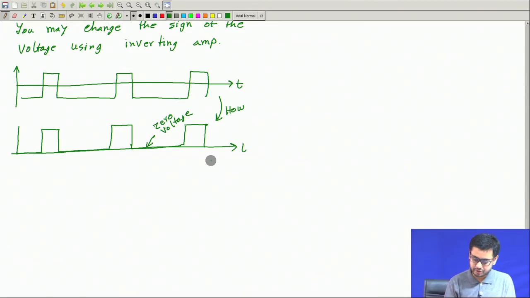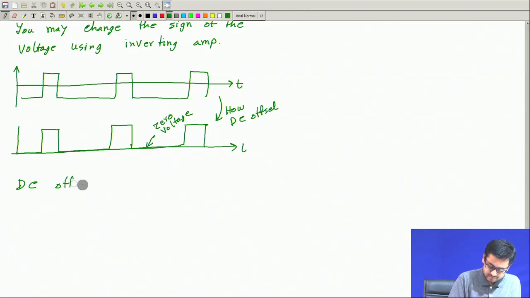So, let us talk about this briefly. This is like a DC offset addition, right. Now, how can we realize this? Do you know? There are many possible solutions. So, one possible solution which comes to mind first is just an adder circuit.